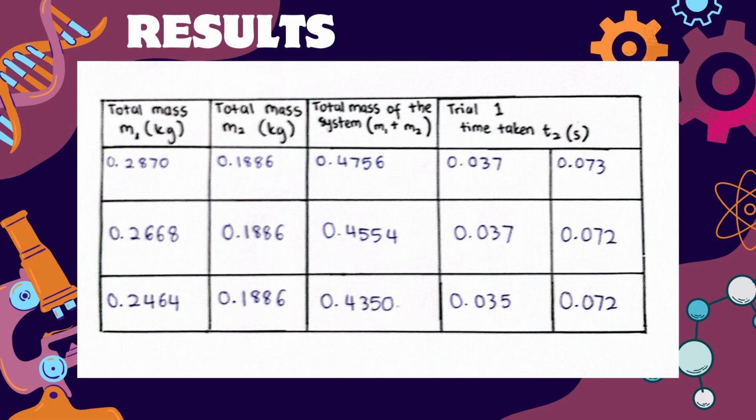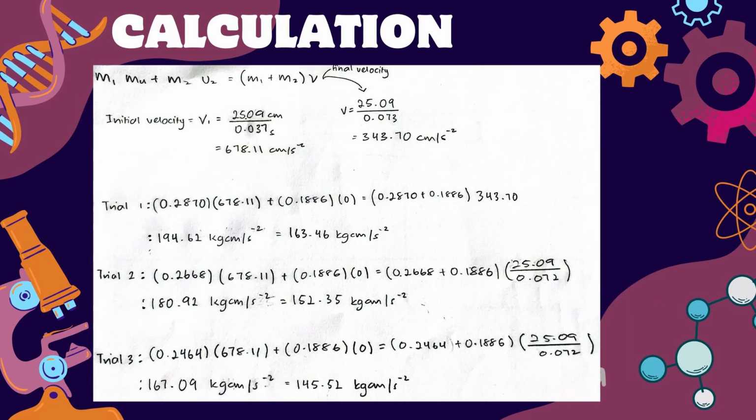So, here's the result that we obtained from the experiment. For this experiment, we will use the formula that has been given. I will explain the formula first. M1 is the total mass from the result in the time table, and u1 is the initial velocity that we will calculate after this, plus m2 that we also get from the time table of the result.